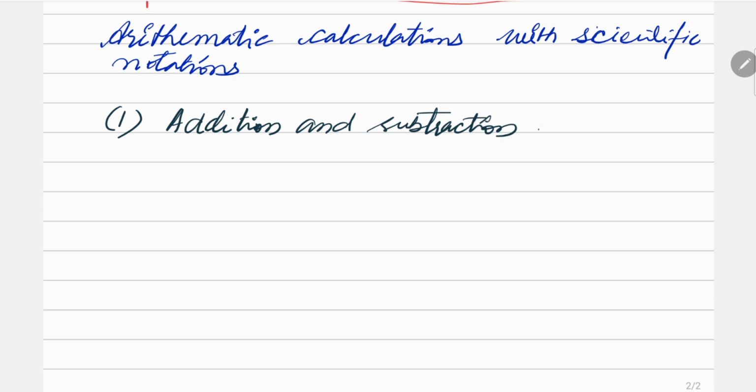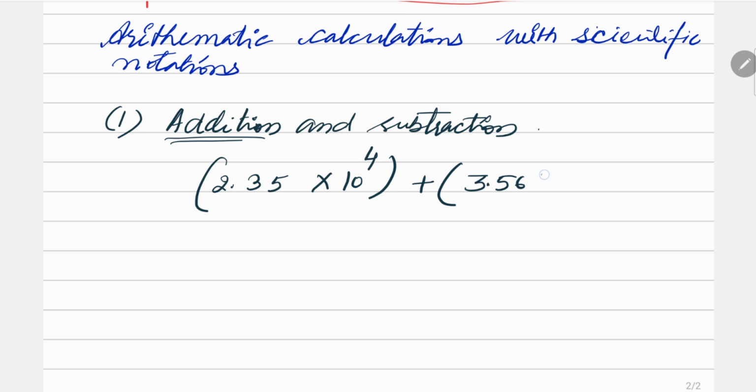During addition and subtraction, suppose there are numbers given. Let's take an example of addition first. Suppose there is a number 2.35 into 10 to the power 4, plus 3.56 into 10 to the power 4.